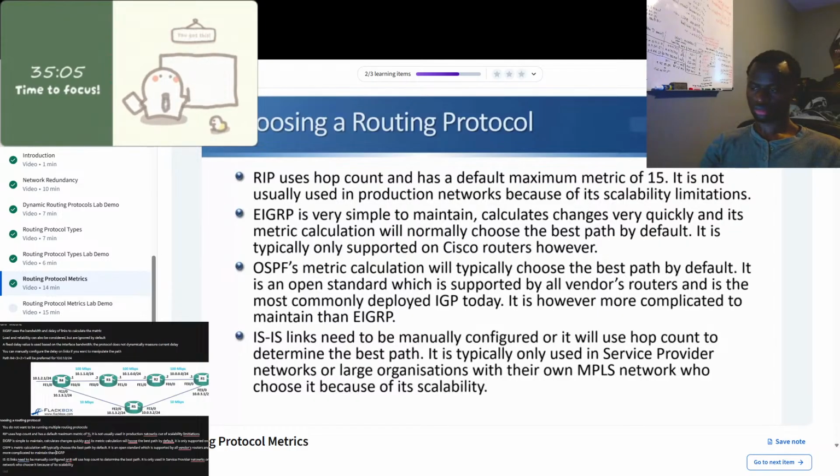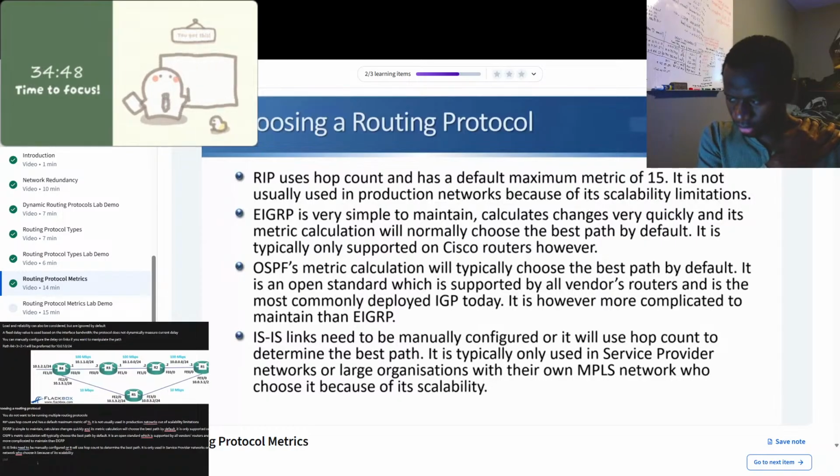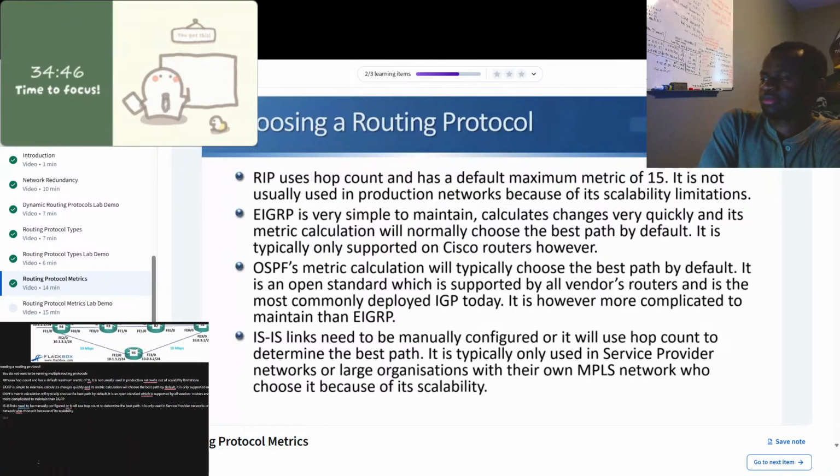So it kind of forces you into using all Cisco routers if you're going to use EIGRP. OSPF's metric calculation will typically choose the best path by default, like EIGRP. It is an open standard which is supported by all vendors' routers, and because of this, it's the most commonly deployed IGP today. It is, however, more complicated to maintain than EIGRP. And finally, ISIS links need to be manually configured, or it will use hop count to determine the best path, which is not usually what we want to happen.